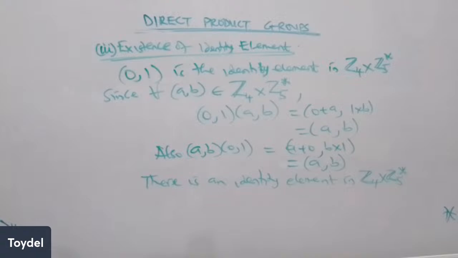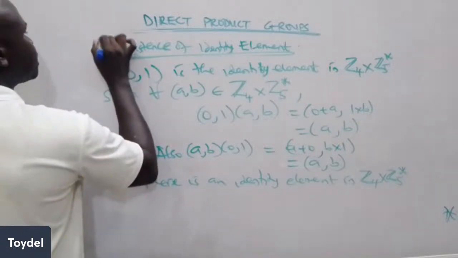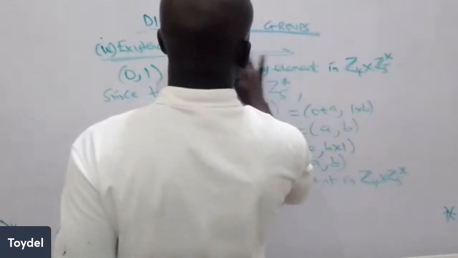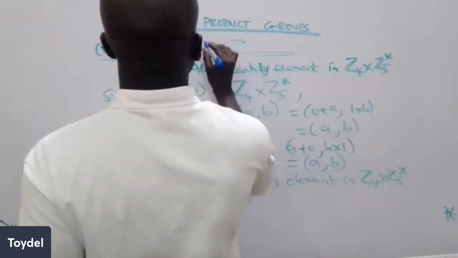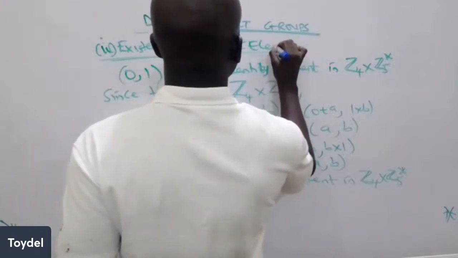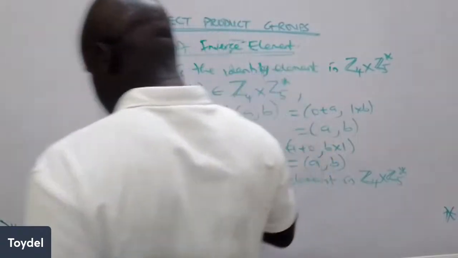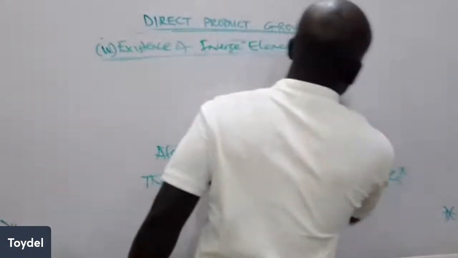Okay, so we go to the fourth one. The fourth law or property, that is inverse. That is existence of inverse elements, and that's what we are about to show.